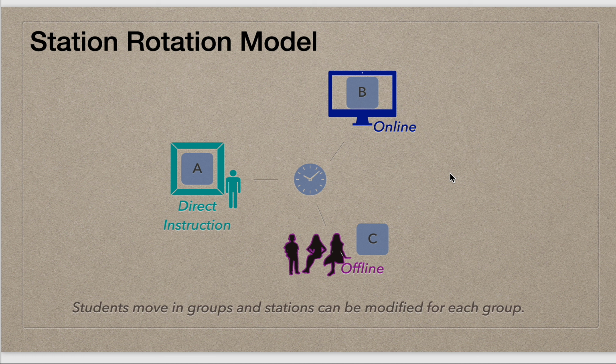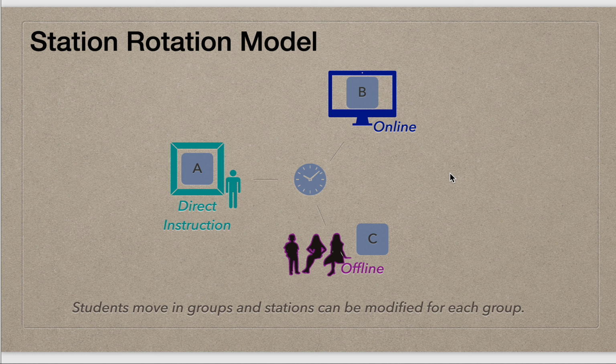So group A is getting direct instruction right now. And when the teacher deems it's appropriate, they will move, and group B will move, and group C will move. And the teacher will modify that direct instruction as needed for each group. The online activities can also be structured for each group or each individual.